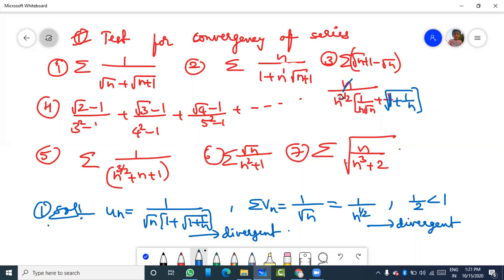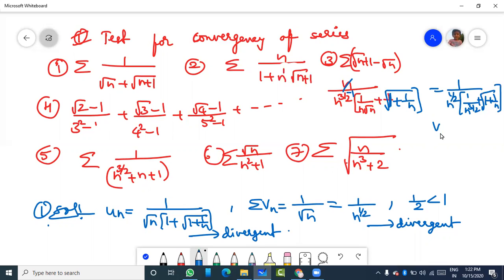Here 1 by n, here minus 1. That is nothing but 1 by n power 1 by 2 into 1 by n power 3 by 2 plus under root of 1 plus 1 by n.